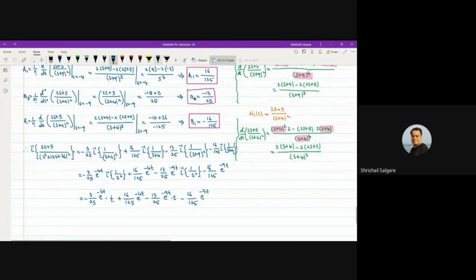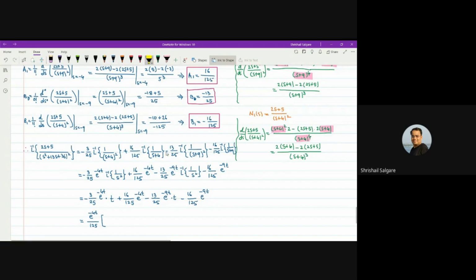After that what I will do, I will collect e to the power minus 9t terms together and e to the power minus 4t terms together. Suppose e to the power minus 4t divided by, I will take 125 as common. Then what will remain?